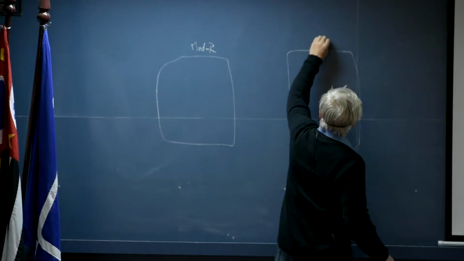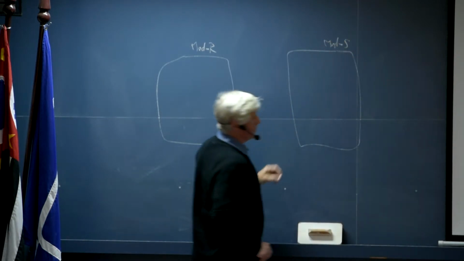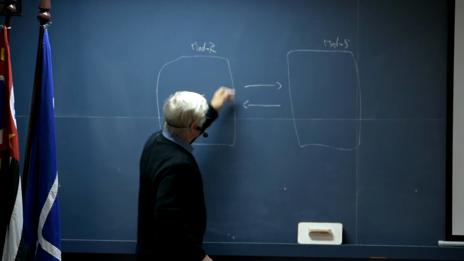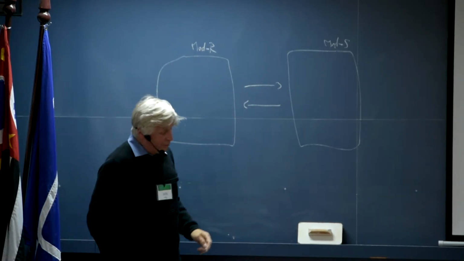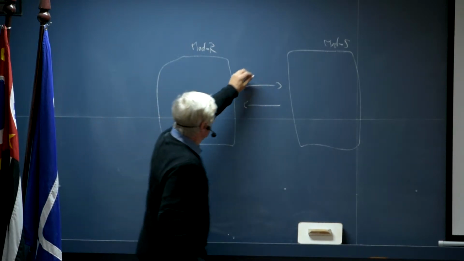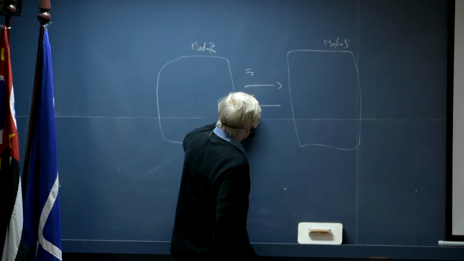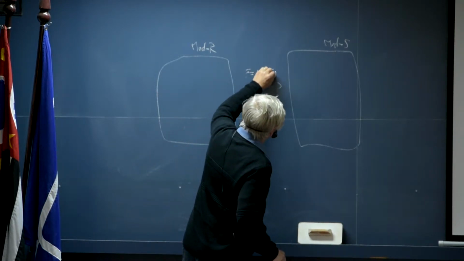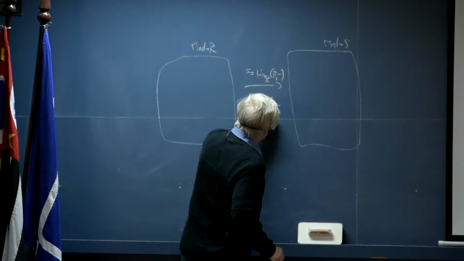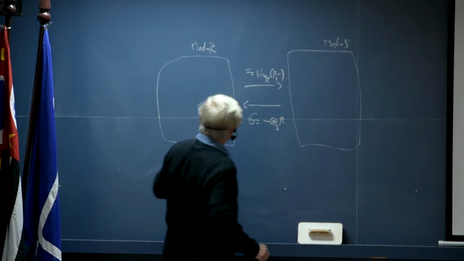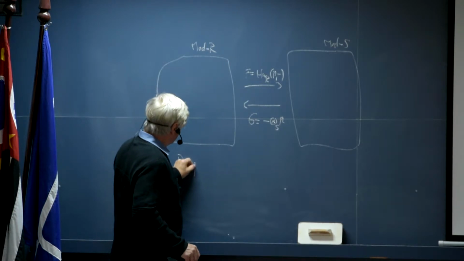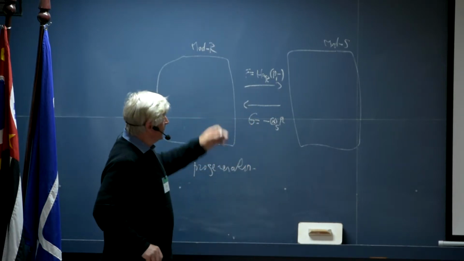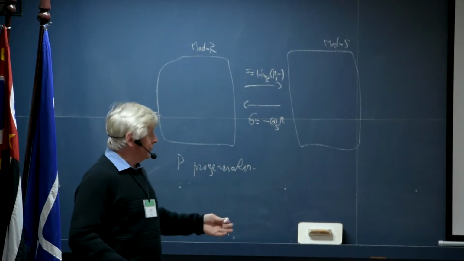You have two module categories of two rings R and S, and equivalence means that there are two functors which composed are naturally isomorphic to identities on the respective categories. And Morita proves that these are representable functors, and in fact they are represented by a module, by Hom and tensor product. And this module P, say, is a progenerator, a finitely generated projective generator. So each equivalence of module categories looks like this, and vice versa.